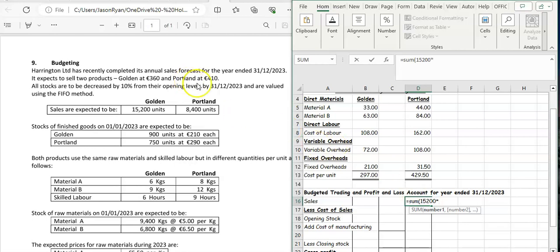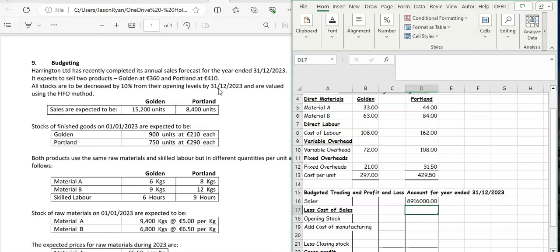Multiply that by how much we're going to sell it for golden, so 360, plus 8,400 multiplied by 410. So our sales are going to be 8,916,000.